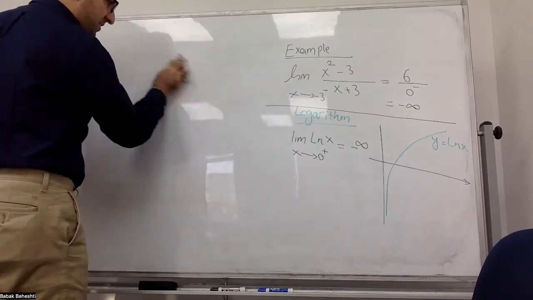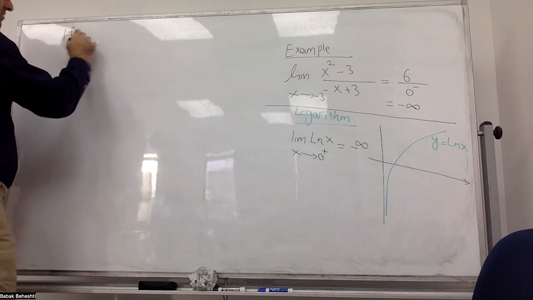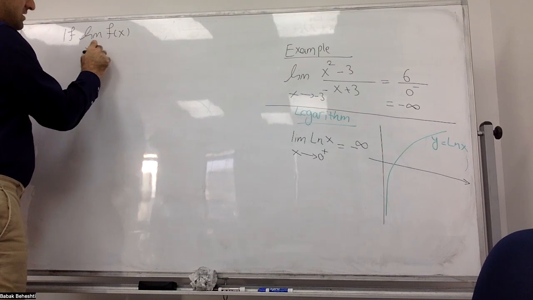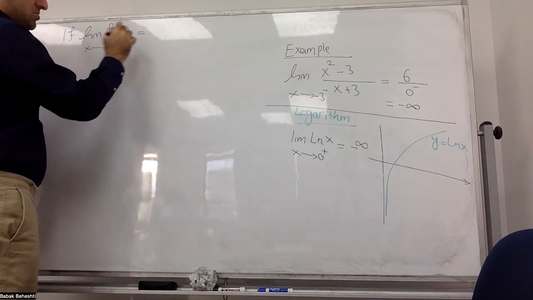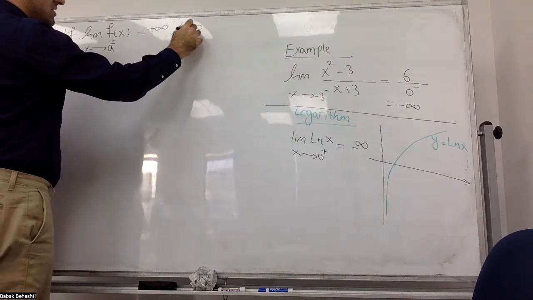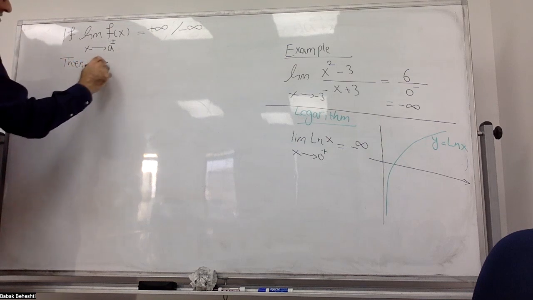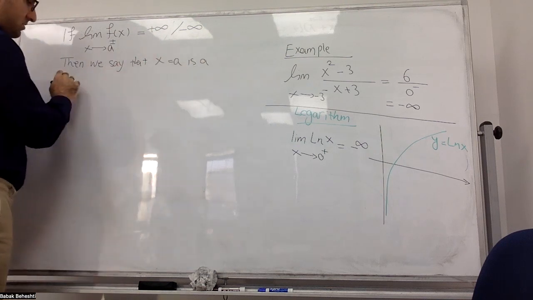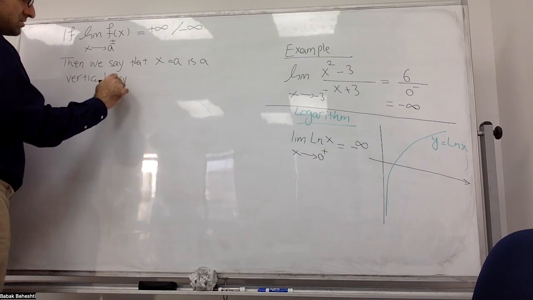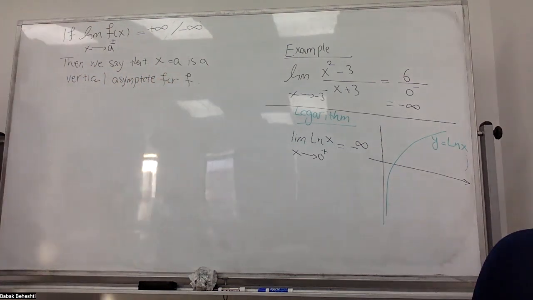Whenever the limit of f of x, when x goes to a, positive or negative, doesn't matter, equals either positive infinity or negative infinity, again, doesn't matter, in either case, then we say that x equal to a is a vertical asymptote for f. So this is the definition of a vertical asymptote.